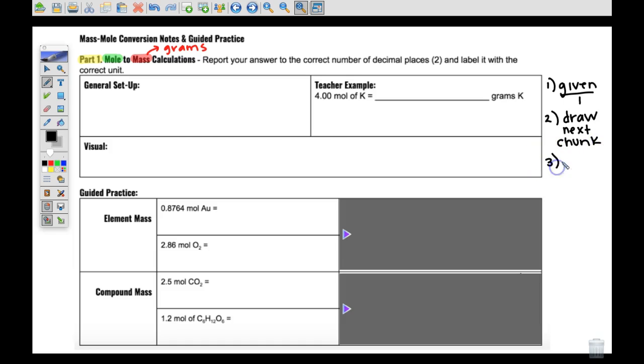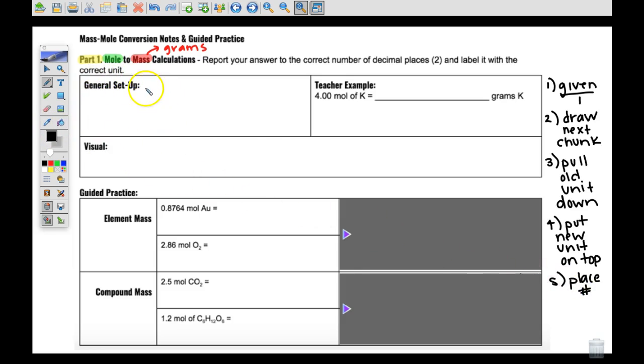Our third is to pull our old unit down. Our fourth is to put our new unit on top. And our fifth is to place the numbers based on our relationship or our conversion factor.